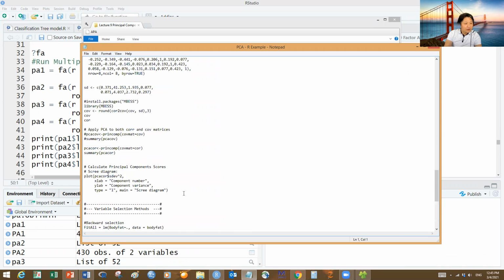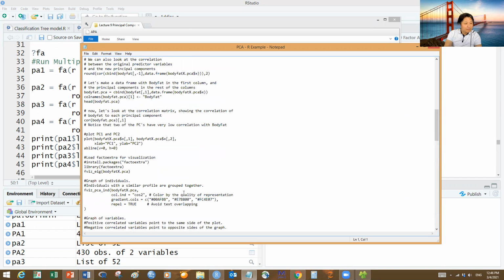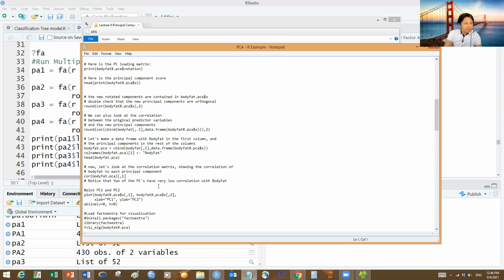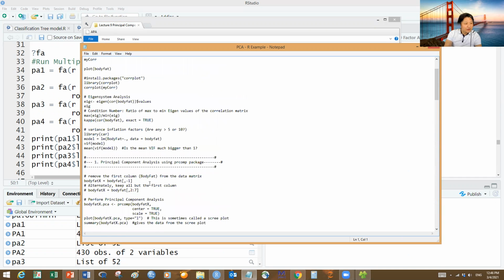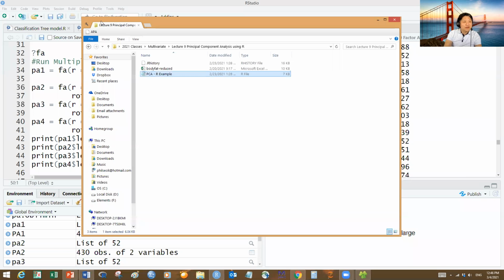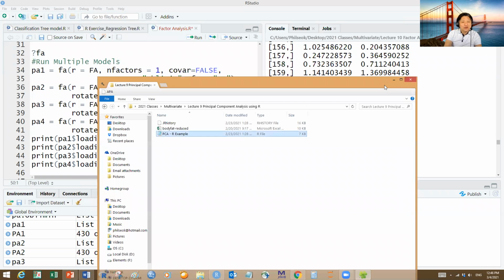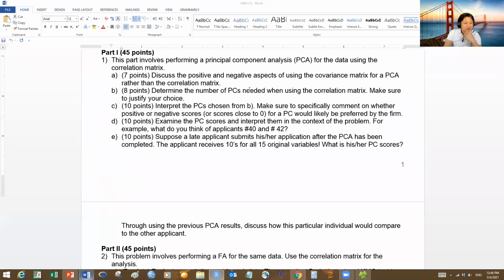Okay, I don't have that example. So what I'm saying is, first, you need to build the principal component equation. You can build that, right?